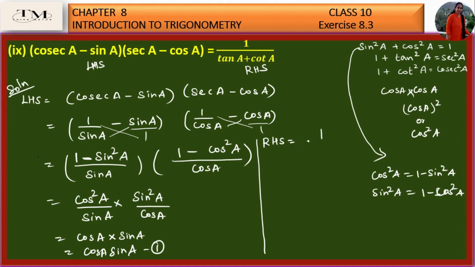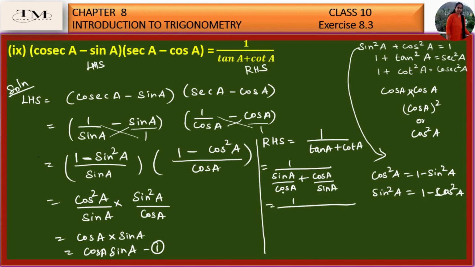What is RHS? 1 by tan A plus cot A, which is equal to 1 by, tan is nothing but sine A by cos A, plus what is cot? It is nothing but cos A by sine A. Let us take cos A sine A as LCM, then cross multiply.